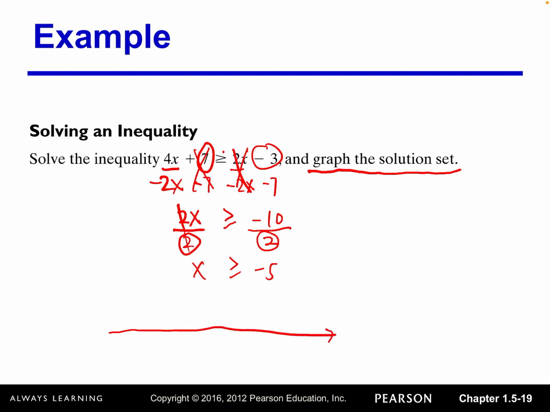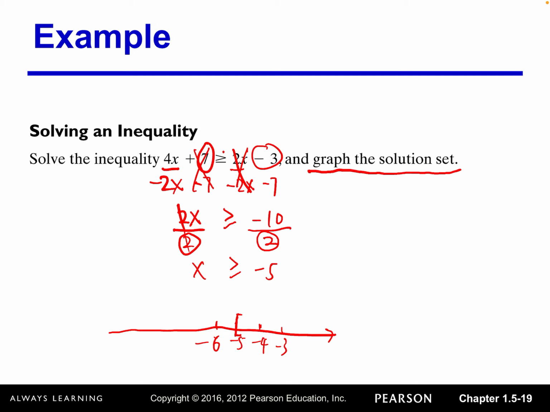And then graph on the number line: negative 6, negative 5, negative 4, negative 3. First locate the boundary, negative 5. It has an equal sign, so it's closed.